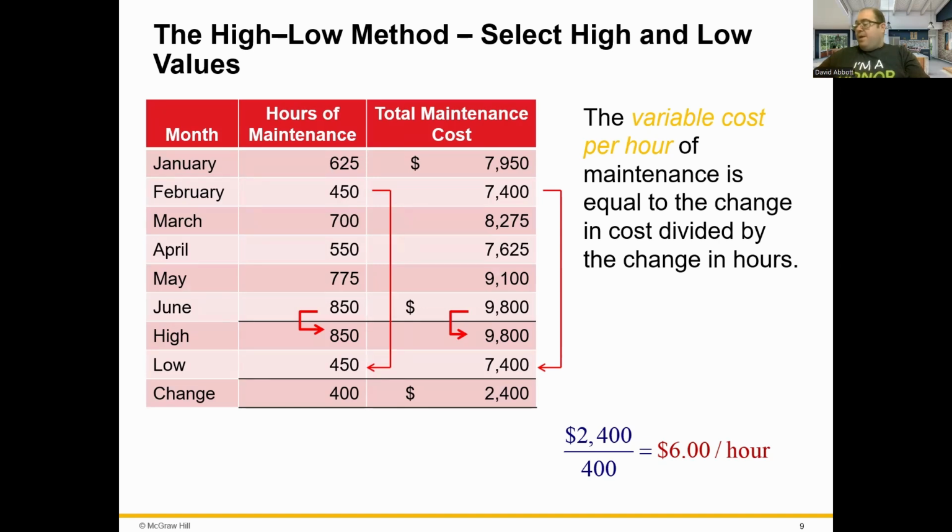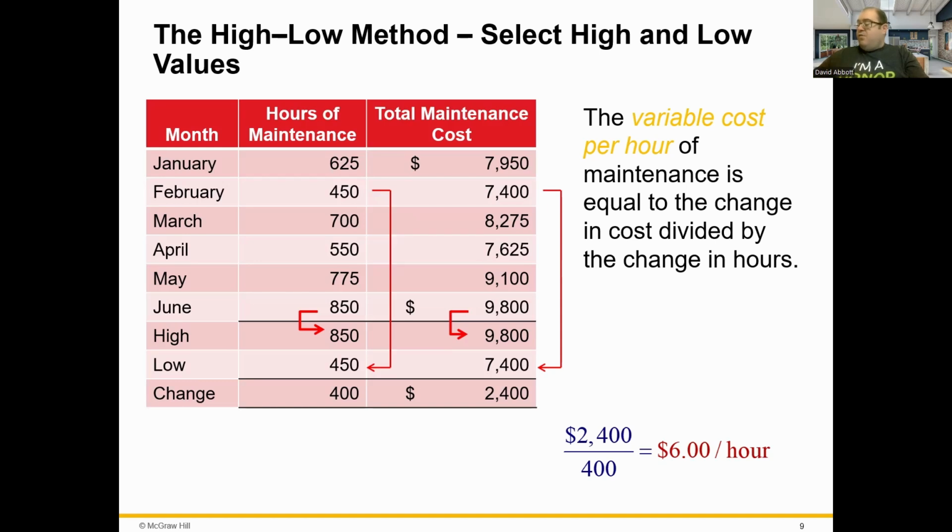The first step is to choose the data points pertaining to the highest and lowest activity. And we see here that the highest activity was 850 and our lowest activity was 450. Notice this method relies on two data points in order to estimate the fixed and variable portions of the mixed cost.